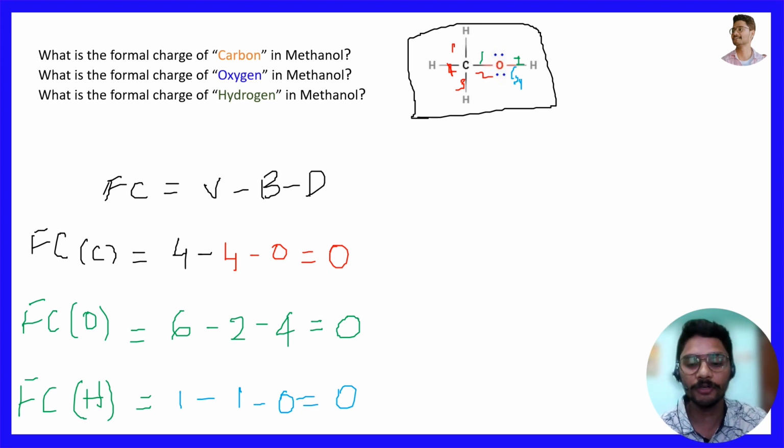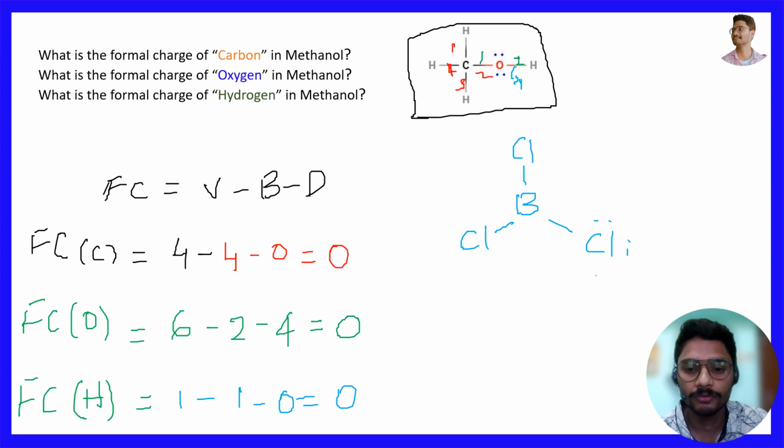So I'm giving an exam homework. Let us consider a BCl3 molecule. Its Lewis dot structure is given as this. Now your responsibility is to find out the formal charge on this boron atom and these chlorine atoms.